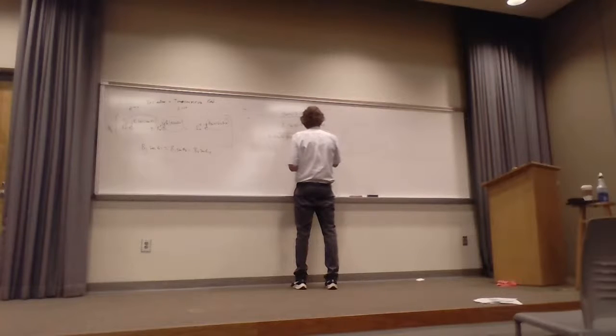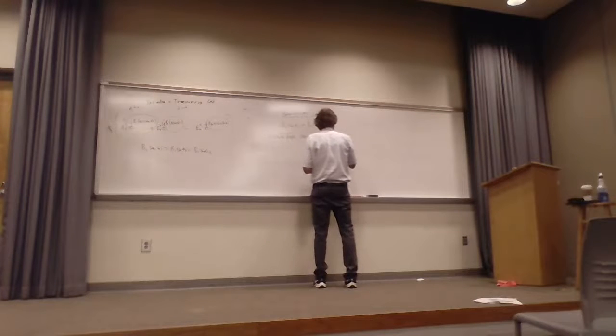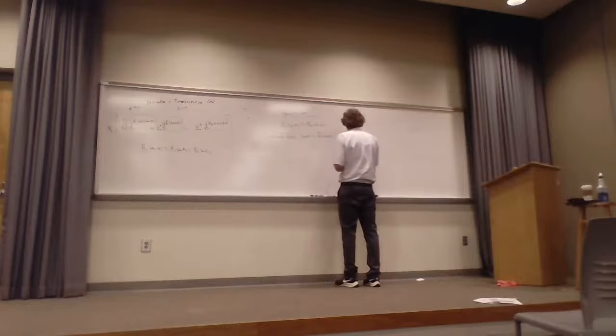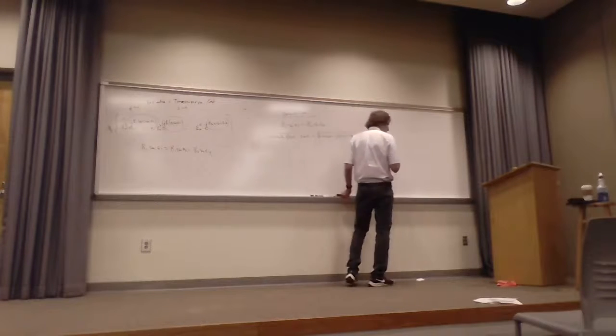Beta is just omega times square root of mu epsilon. So I'm going to break out mu naught epsilon naught times square root of mu relative epsilon relative times the sine of theta transmitted. Are you with me, class?